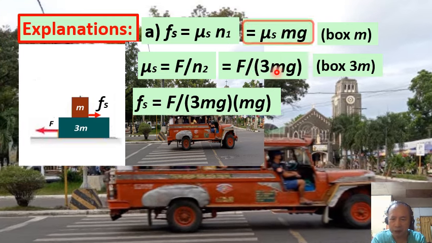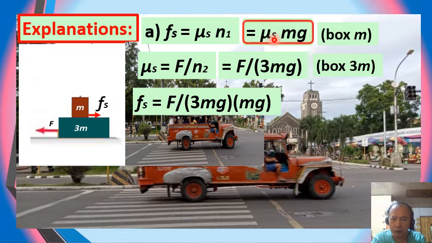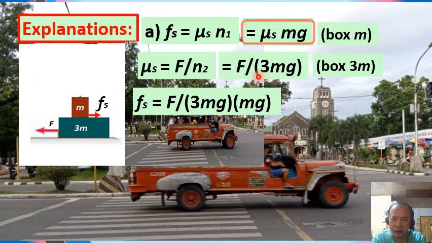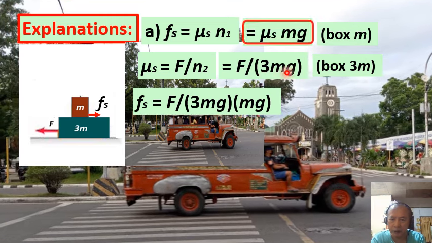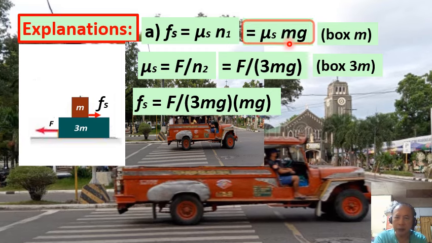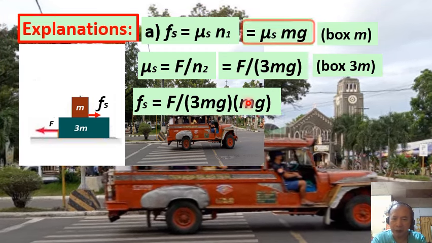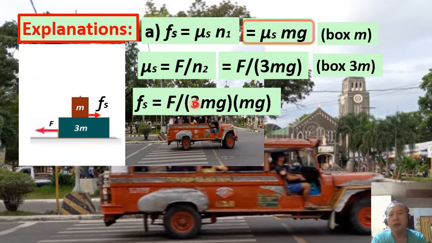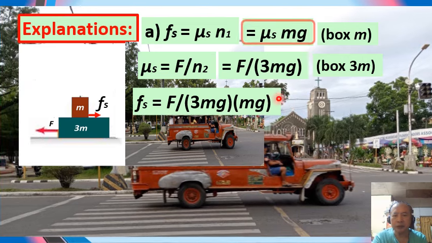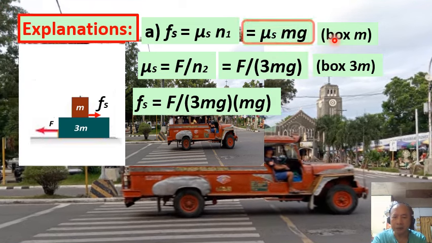We just substitute this in the first equation. So instead of mu sub S, we express that in terms of F divided by 3mg, but there is still mg to be multiplied to mu sub S. That's why we came up with this equation for the static friction exerted on the smaller box.